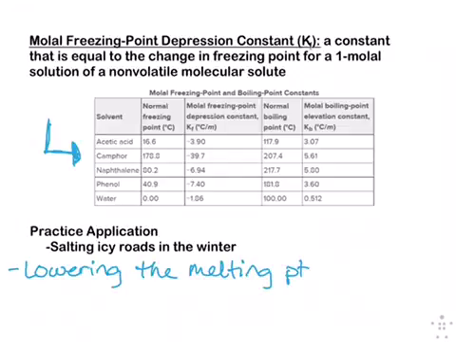Freezing point and melting point are the same temperature. It just depends if we're adding energy to the system or taking energy away, whether it's considered the freezing point or the melting point. So by lowering the melting point, now instead of ice melting at 0 degrees Celsius, it maybe will melt at -2 degrees Celsius. So it gives us a little bit of an advantage.